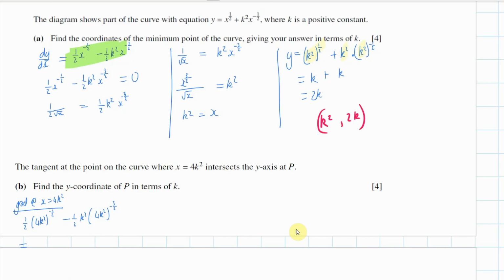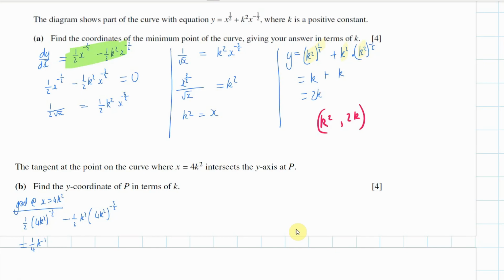So 4 to the negative 1/2 is 1/2, so 1/2 times 1/2 is 1/4, and k to the negative 1 gives 1 over 4k. The next one is what's 4 to the power of negative 3/2? I think it's 1/8.